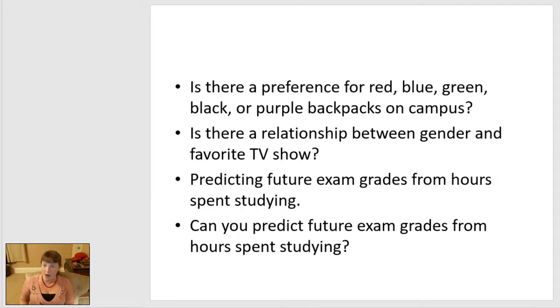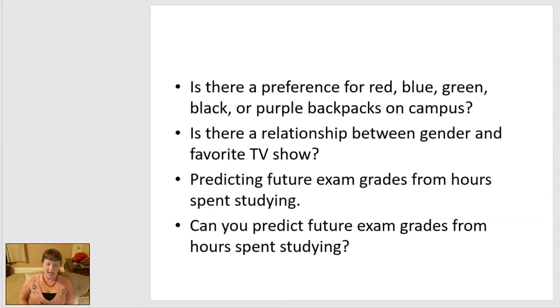So I've got one variable. What kind of variable is it? Well, it's qualitative. It's categorical. Because when I ask people this question, the answer is going to be a word. People are going to say red, blue, green, black. Well, if I have one variable that is group-based, category-based, it's going to be a chi-square goodness of fit test.